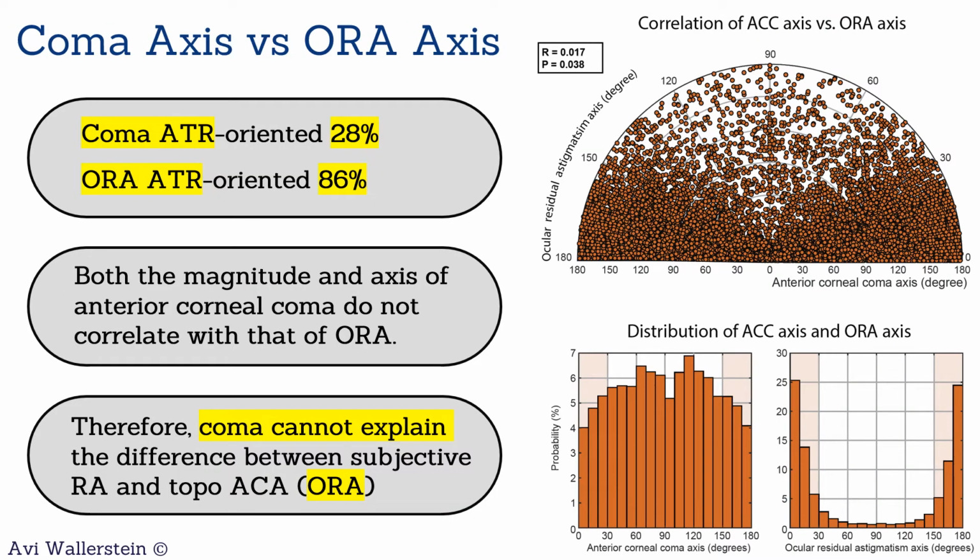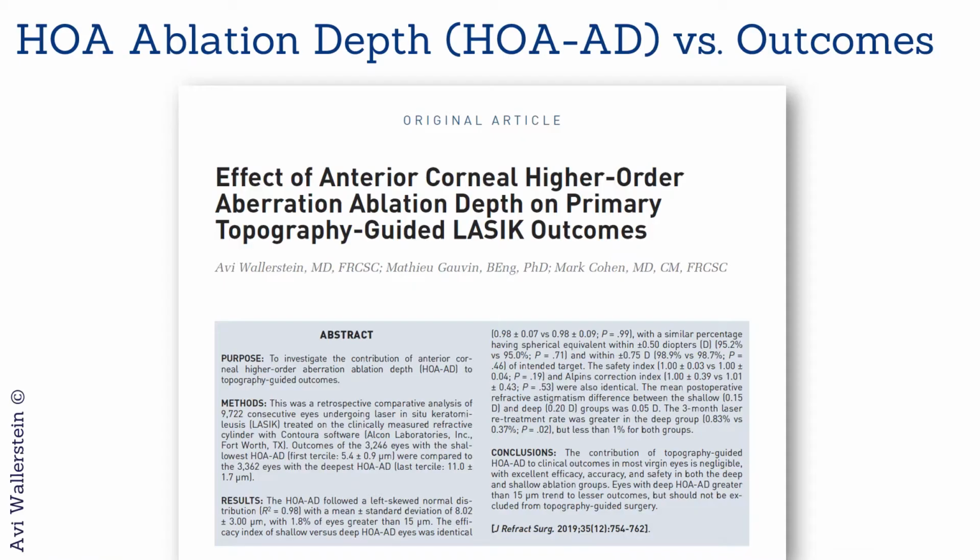Coma is against the rule in 28%, while ORA is against the rule in 86% of eyes, with no correlation between coma and ORA axis. Therefore, coma cannot explain the difference between subjective refractive astigmatism and topography measured anterior corneal astigmatism. These findings disprove the assumptions that many surgeons still have.